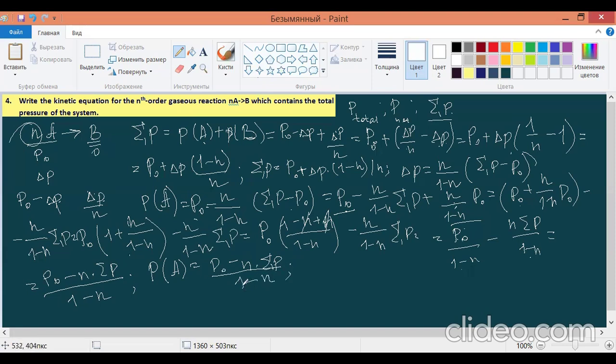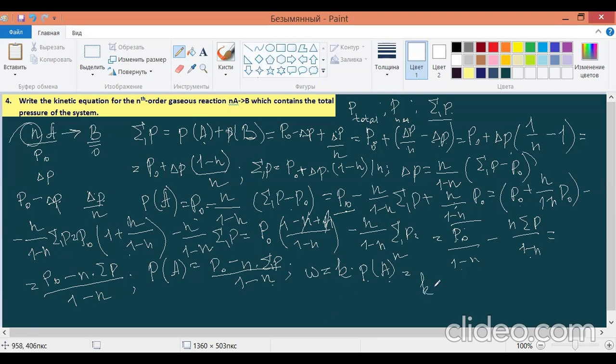Okay, and now I should recollect that the rate of the process is equal to k, which is the rate constant, times the partial pressure of A raised to n, right? And instead of PA, I plug in this expression.